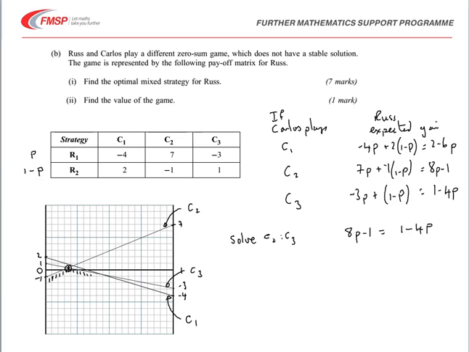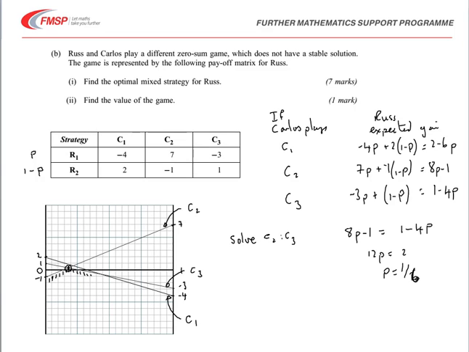If we do that, 12p is equal to 2, and therefore p is equal to 2 divided by 12, which is 1/6, of course.